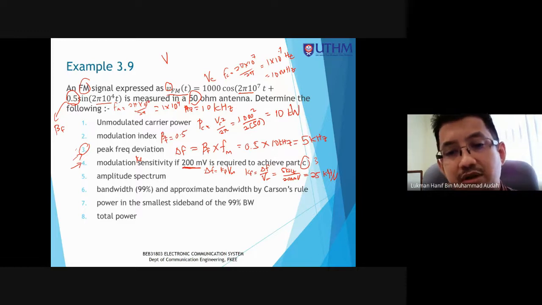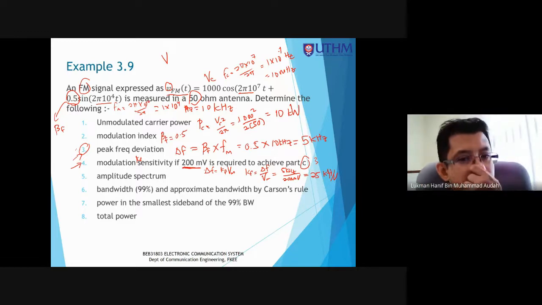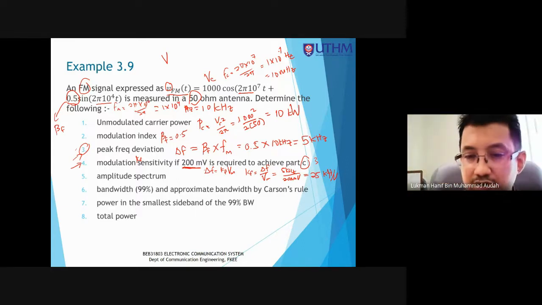Okay, hertz per volt. This is the modulation sensitivity parameter.